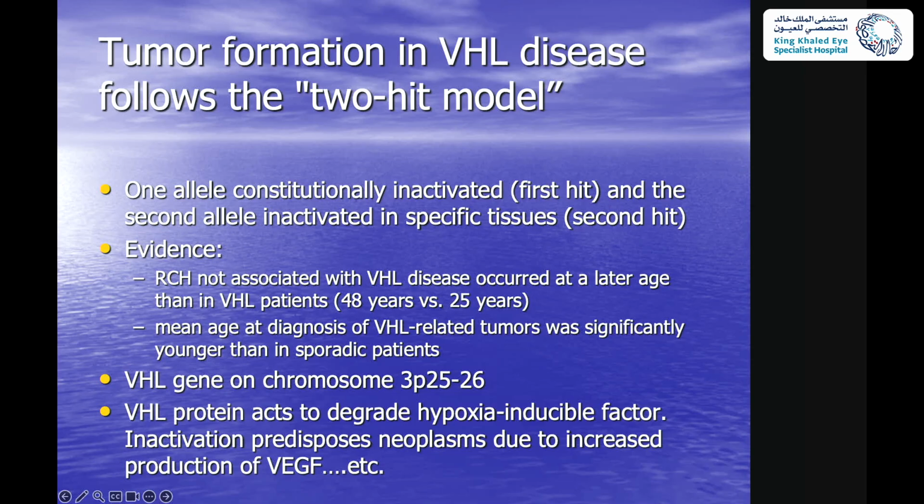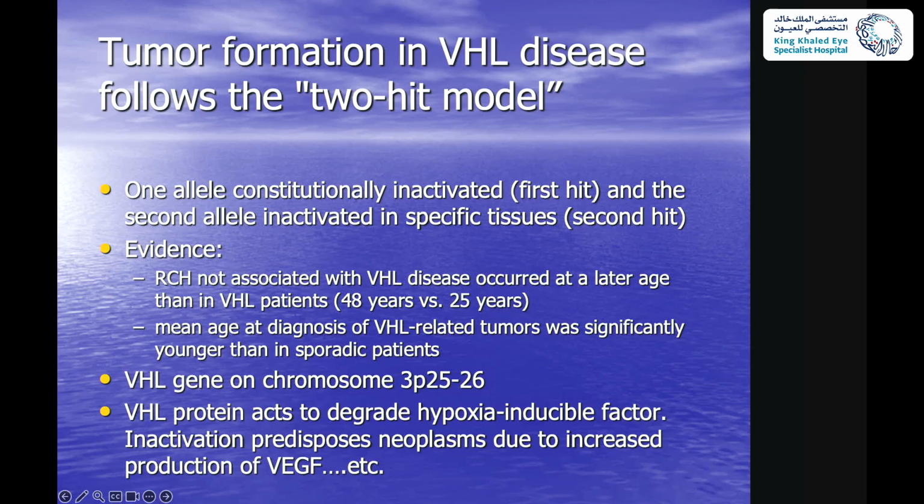And the evidence to support that theory is that, for instance, the retinal capillary hemangiomas that are not associated with von Hippel-Lindau disease occur at a later age than those that are associated with VHL. So the younger group, like 25 we mentioned, and the older group, at 48, are those not associated with VHL.